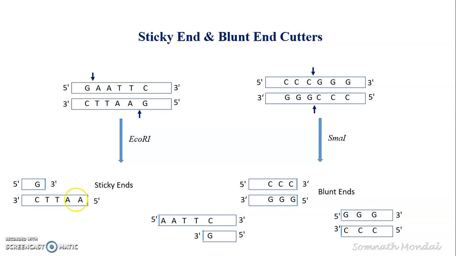Now this has the base pairing potential with any incoming single-stranded DNA having complementary sequences. So that is why this is very useful in recombinant DNA technology. And another one is the blunt end cutter. For example, SmaI is such an endonuclease which cuts blunt ends, as we can see from the image.